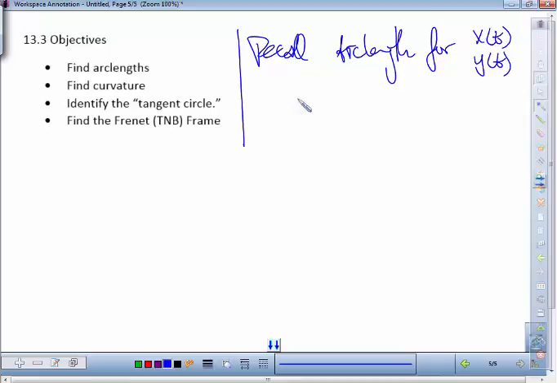And then I think we called it S, is equal to the integral, from a to b, and then it was something with the square root of the derivatives squared added together. Remember that?